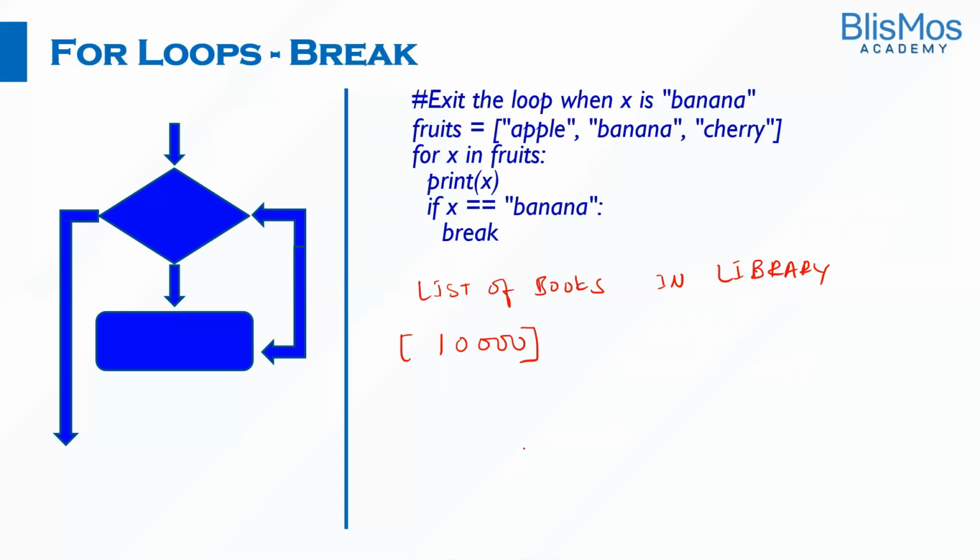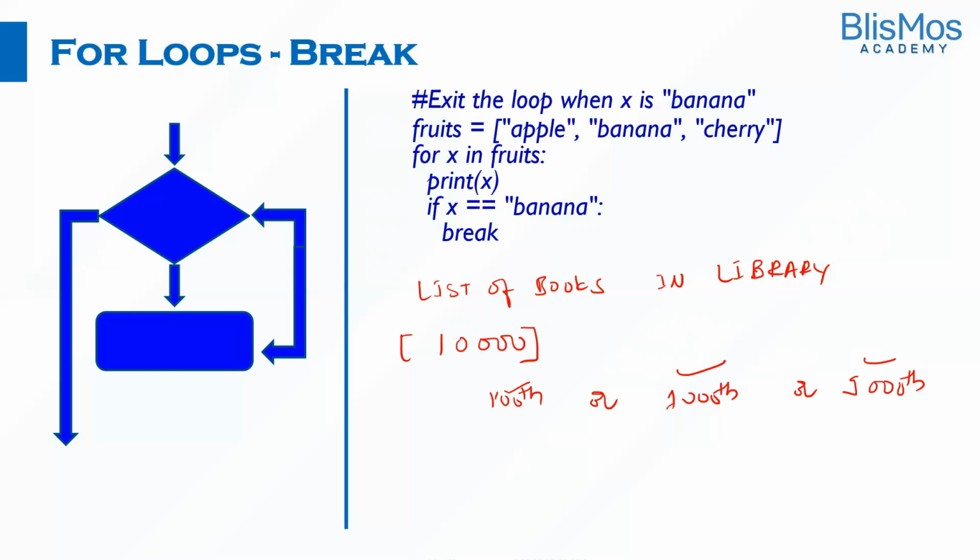What happens is your favorite book may be there as a part of the list as a 100th item or 1000th item or even 9,000th item. But the requirement is you got to find the book.